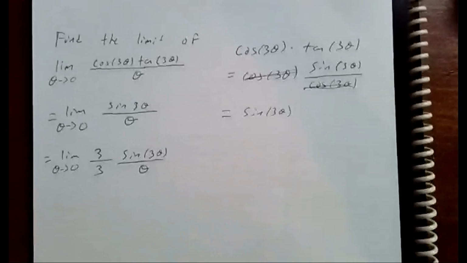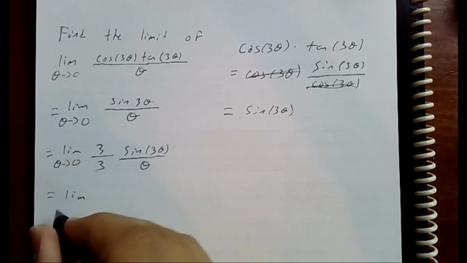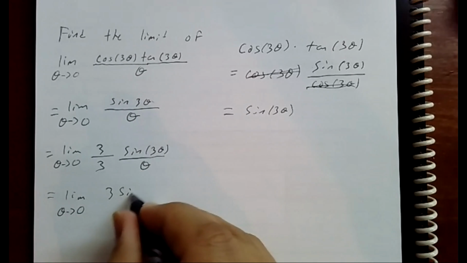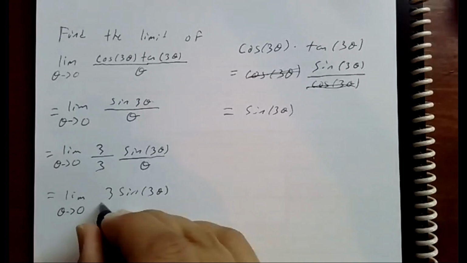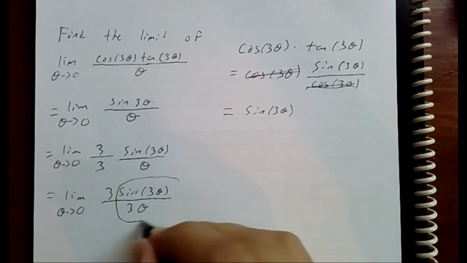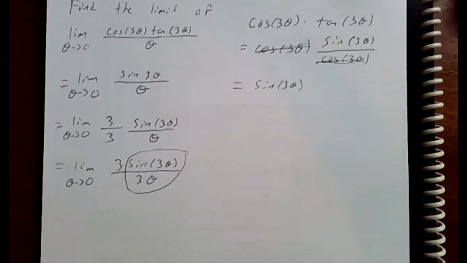You see what I mean? So now I have 3 sine of 3 theta over 3 theta. So this part right here, I can apply the formula to. Does that make sense?